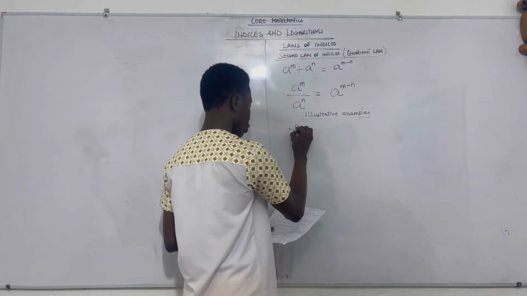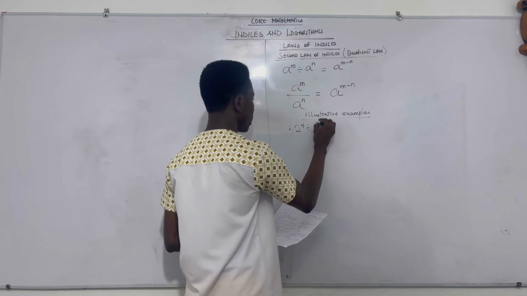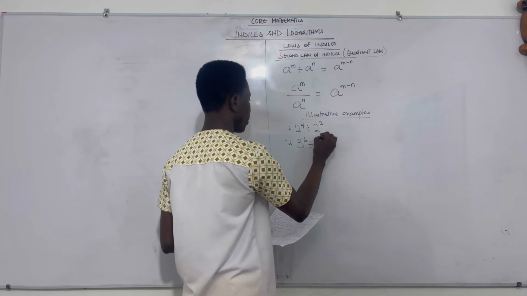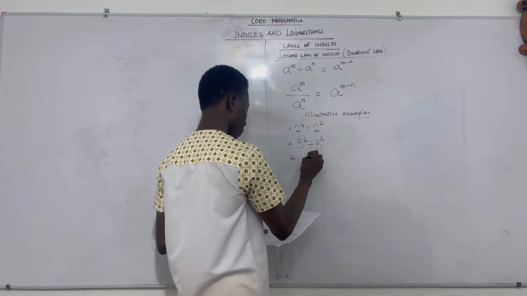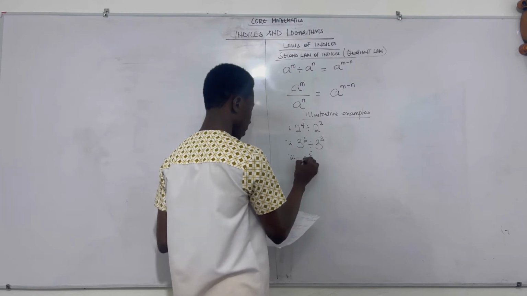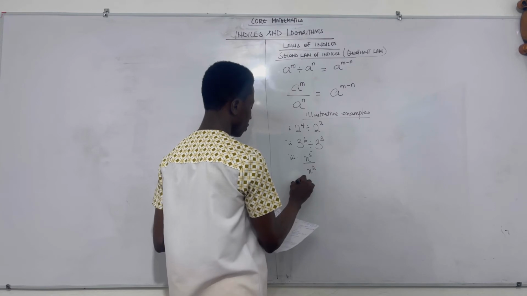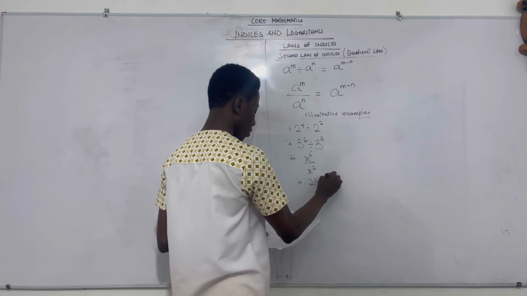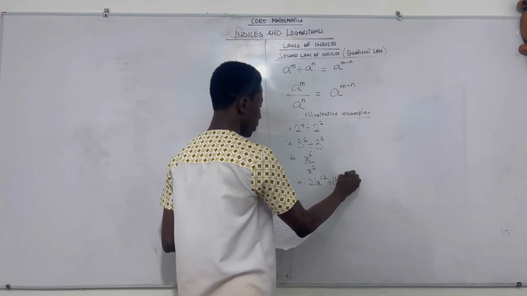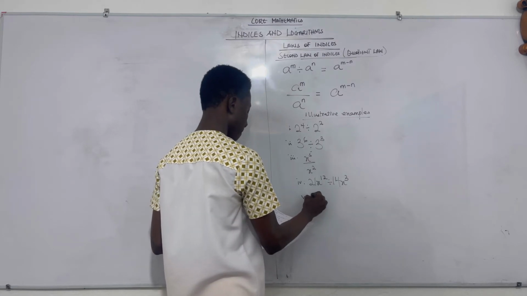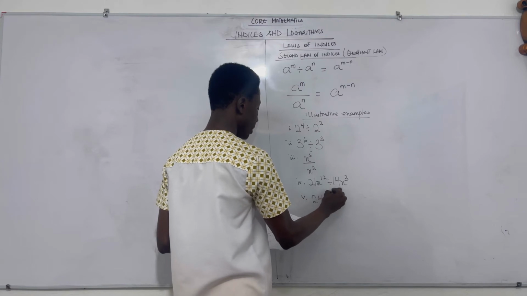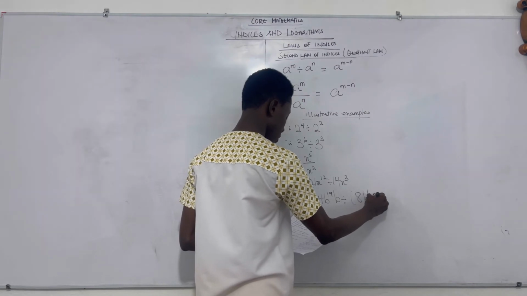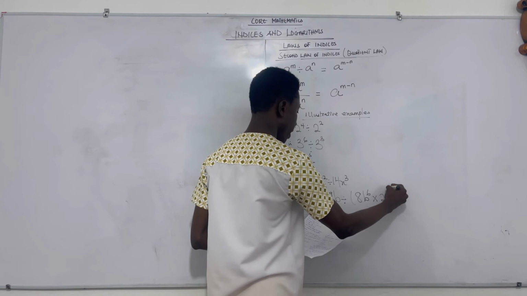So let's take a look at this. 2 exponent 4 divided by 2 exponent 2. 3 exponent 6 divided by 3 exponent 3. x exponent 5 divided by x exponent 2. 21x exponent 12 divided by 14x exponent 3. 24b exponent 19 divided by 8b exponent 6 times 2b exponent 5.